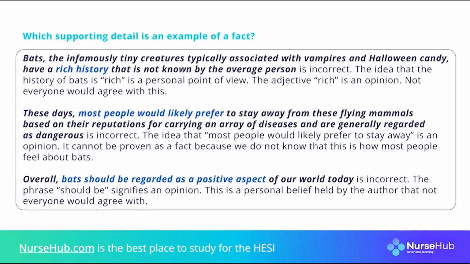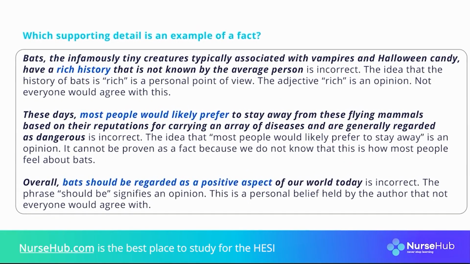So on your screen, you see the 3 other answer options. The fact that this answer option says rich history, not everyone is going to agree that the history of bats is rich. It's a personal point of view. Rich is an adjective and it's an opinion. Not everyone's going to agree with this.